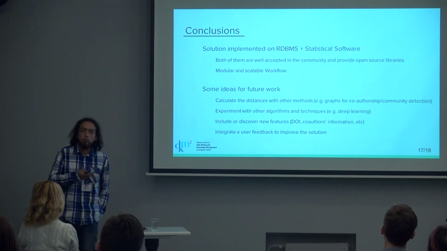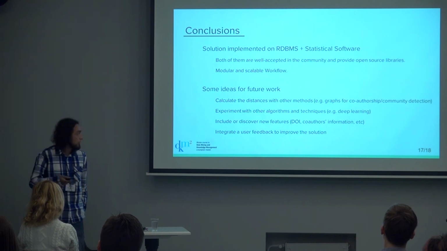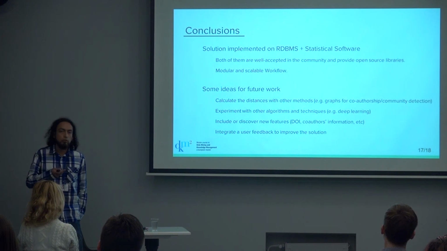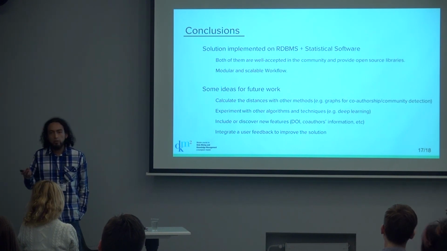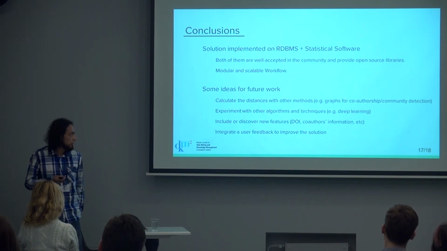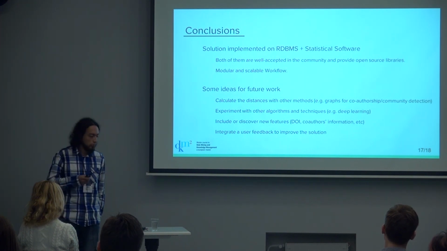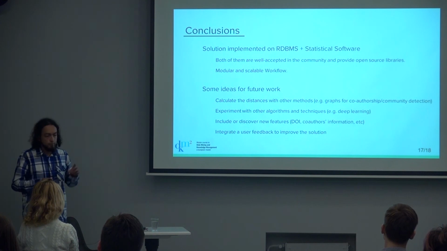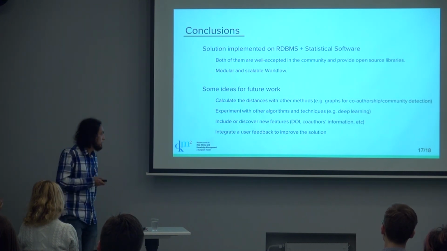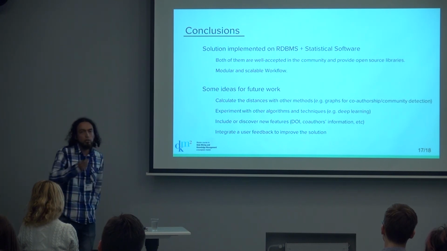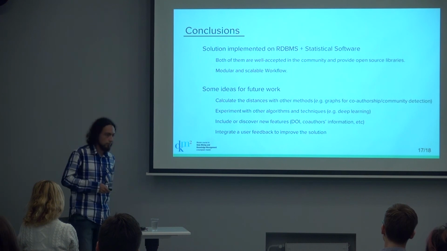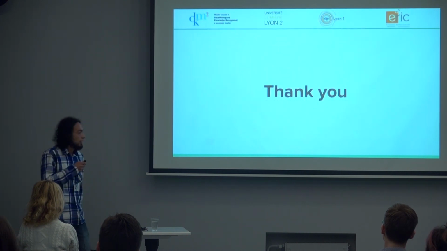We can experiment with other algorithms like deep learning, and we can discover new features or use some that we didn't use, for example, the DOI or other co-authors' information. As we saw that the reference journals is really the most important feature, and also integrate user feedback to improve our solution. Thank you very much.